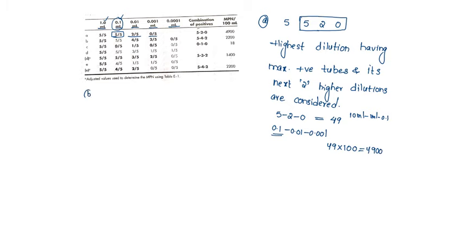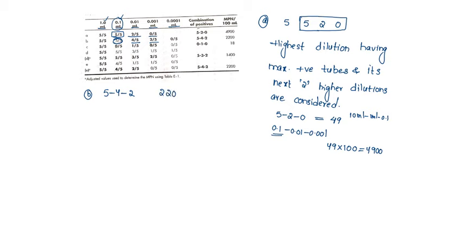Whereas for B, the highest dilution for positive results is 5. So the next two dilutions should be considered. It is 5, 4, 2. From the table, the value corresponding to 542 is 220.